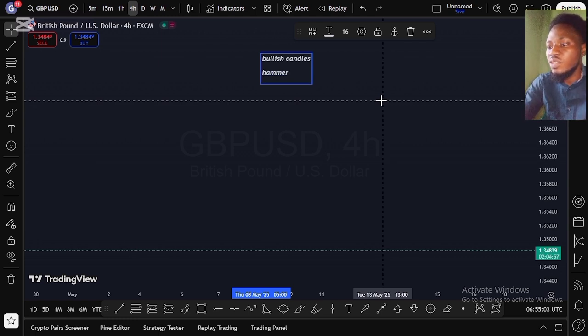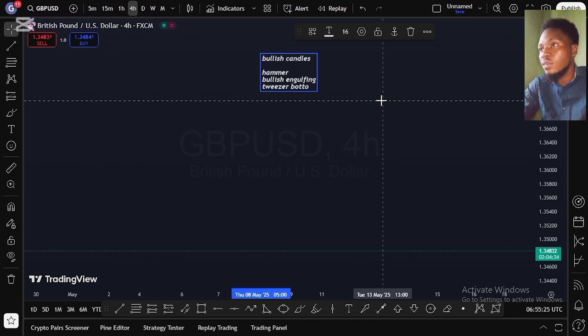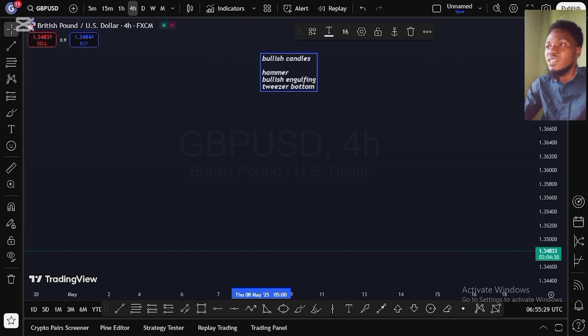We have the bullish engulfing. And then we have the tweezer bottom. Those are the ones I'm going to be talking about today. So yes, the hammer candle, the bullish engulfing, the tweezer bottom.